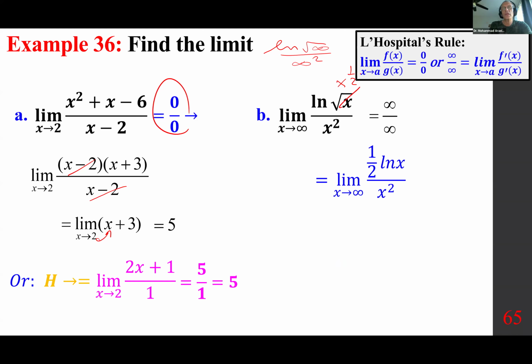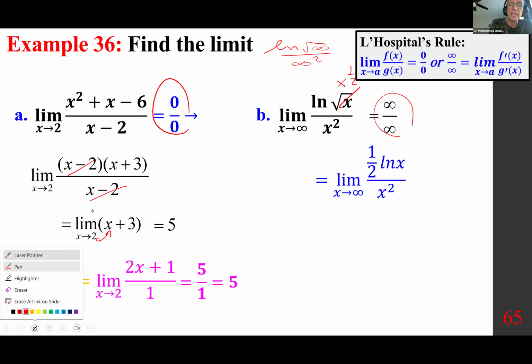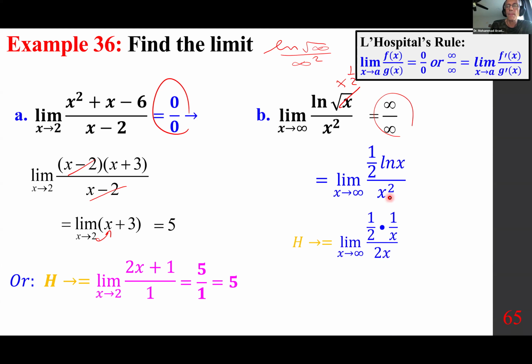Now we are going to differentiate the top and the bottom because we've shown that it's infinity over infinity, right? So when you differentiate ln x, you get 1 over x. When you differentiate x squared, you get 2x. 1/2 times 1 over x over 2x is 1 over 4x squared.